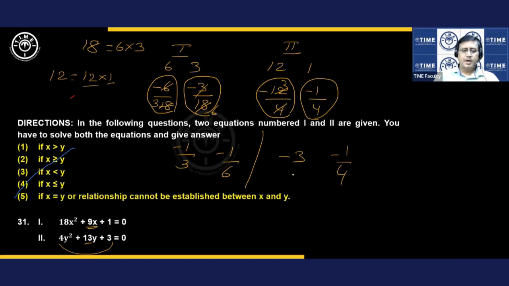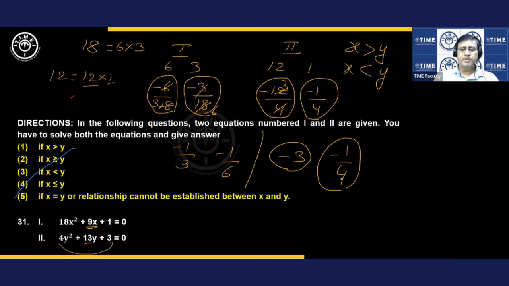Observe this. Minus 3, compare with the roots of the first quadratic equation. Minus 1 by 3, minus 1 by 6 are greater than minus 3. Means x is greater than y. Now when you observe the second root of the second quadratic equation, minus 1 by 4, and minus 1 by 3, minus 1 by 4, minus 1 by 6: one time it is more, one time it is less.